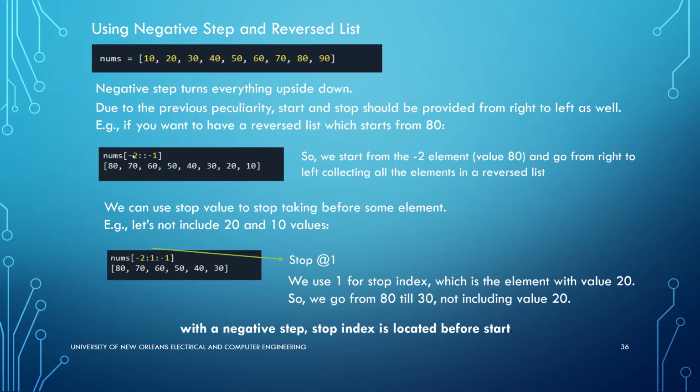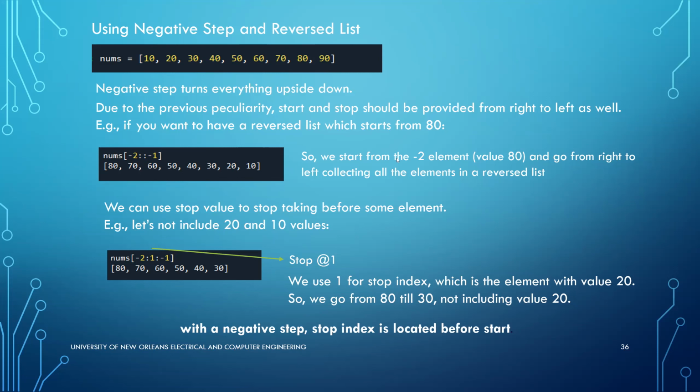We can then start at the second element from last, right? The second element from last is this one, 80. And then we just go out to the end of the list because we have nothing here. But then the increment is -1, which means that we're going backwards. So we're starting at 80, and then we go one element at a time, but in the other direction.